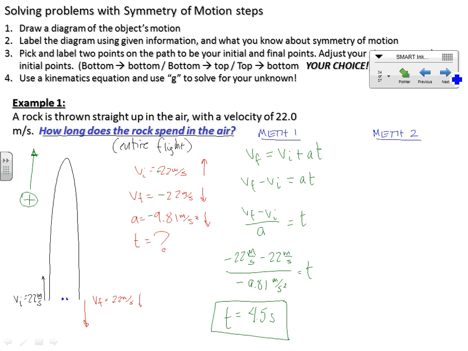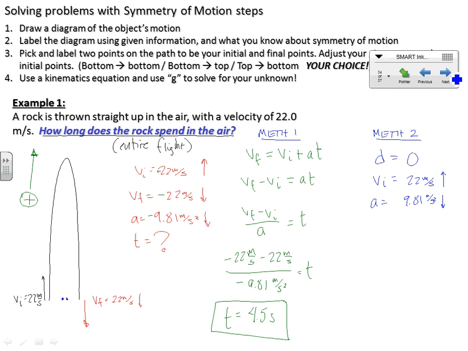The big deal, you know what the total displacement is? Go ahead, yell it. Yep, 0. Now we can still say that VI is 22 meters per second upward, right? A is still 9.81 meters per second downward.